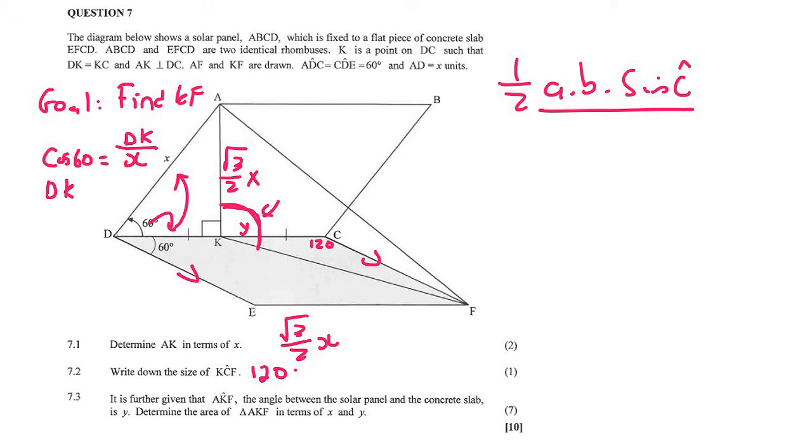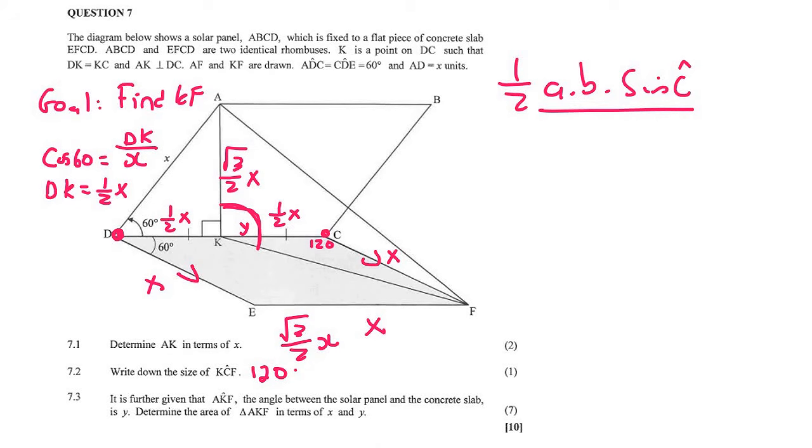If you go work this out, you'd find that DK is a half x. Alright, so that means that this part here is a half x, and so it also means that this part here is a half x. And so the entire length of this rhombus is x. So that means this length is x, this length is x, and this length is x.